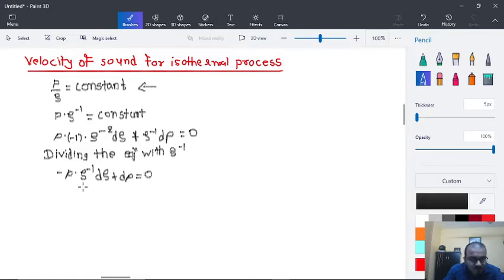So here minus p into d rho upon rho is equal to dp.